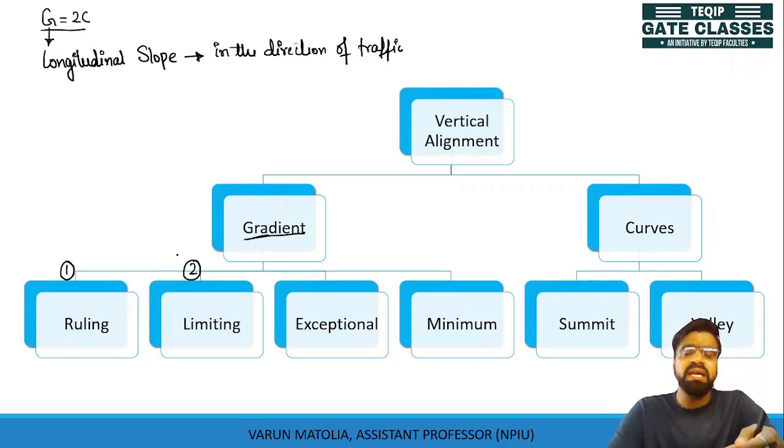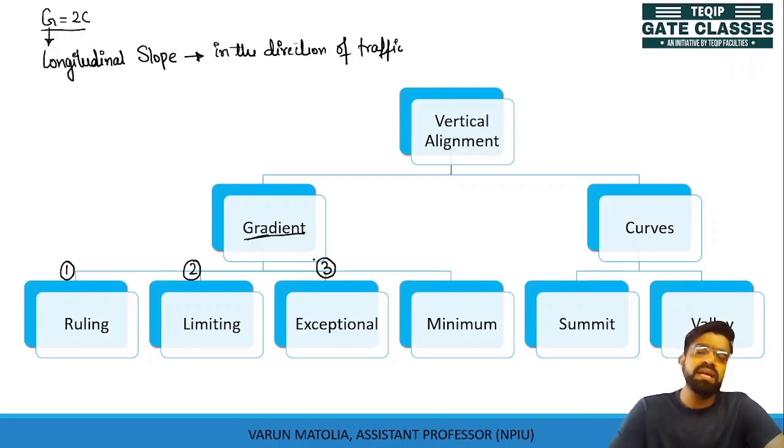After ruling gradient, if there is a scenario that we are not able to keep the cost of the construction low because of some cutting or filling, we can provide a limiting gradient also. It is a higher gradient as compared to the ruling gradient. Then third one is exceptional gradient. Exceptions mean out of the box, only during a very critical condition.